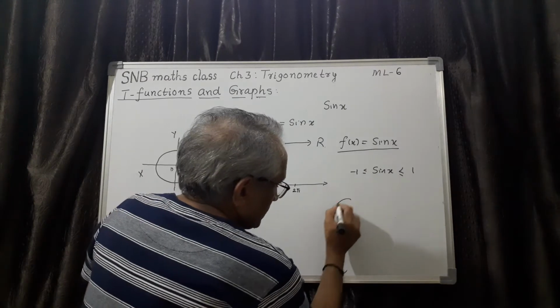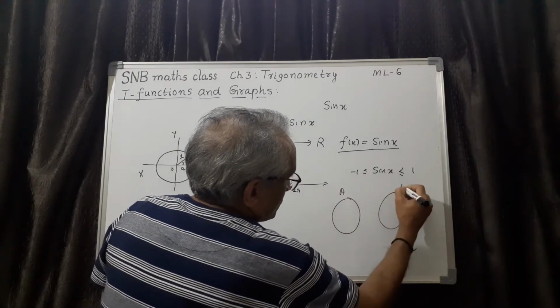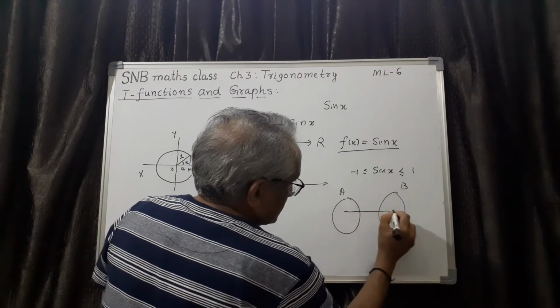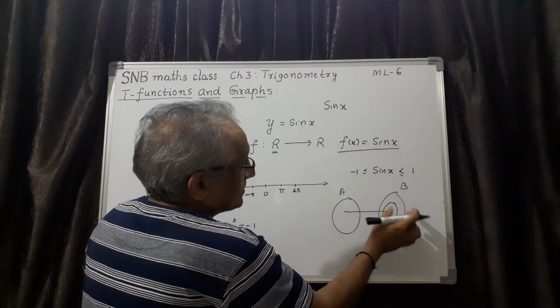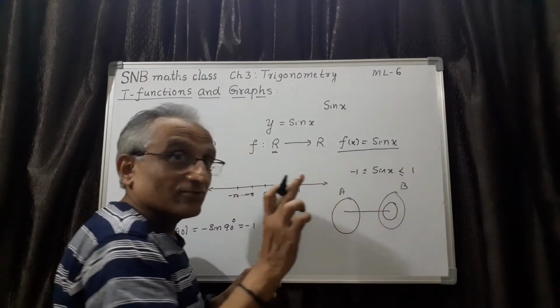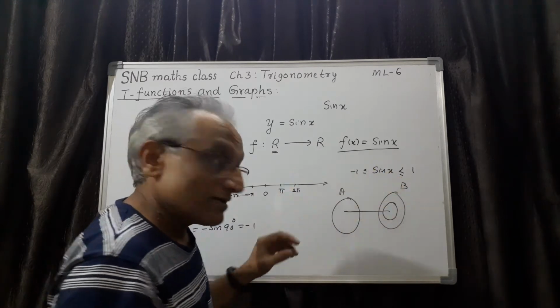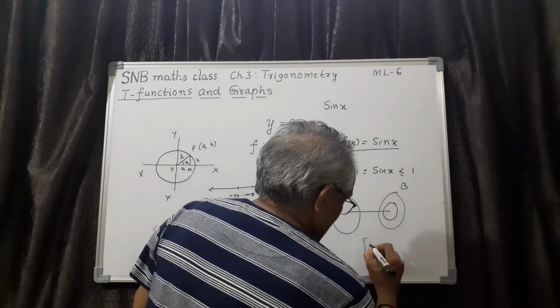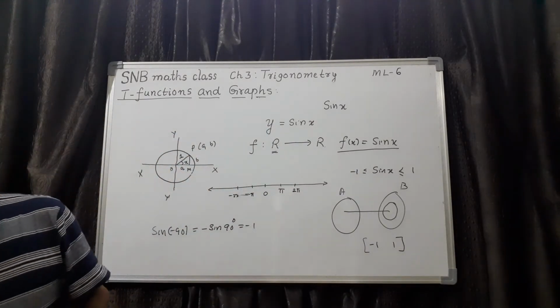For example, you take a domain A and another, say codomain B. Sometimes the function will go to only a subset of the codomain. This is the range. So the range of sin x, very important, is from minus 1 to 1. We can also write this as the closed interval minus 1 to 1. So this is the understanding.